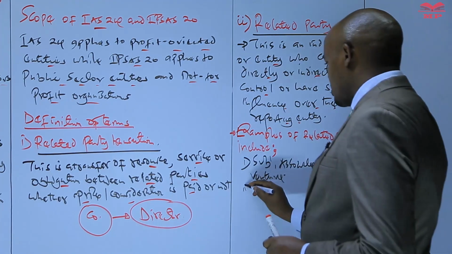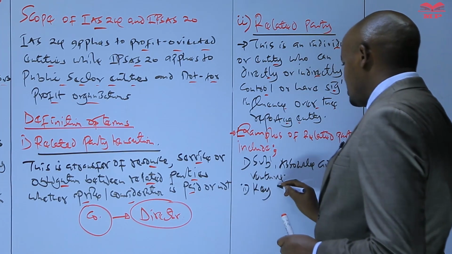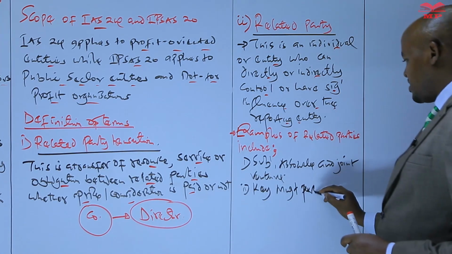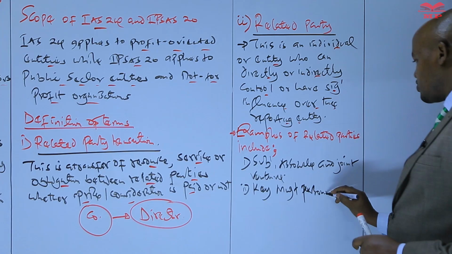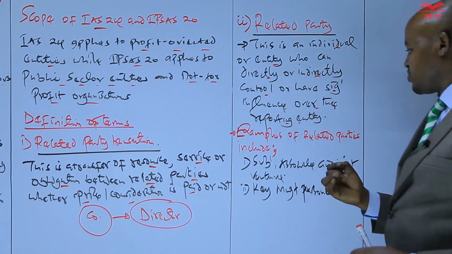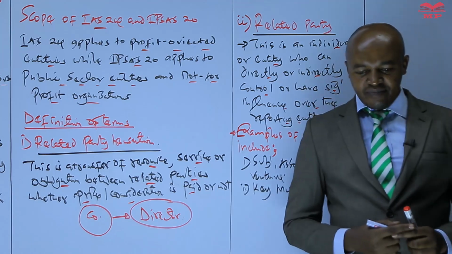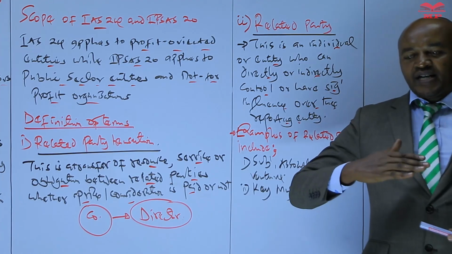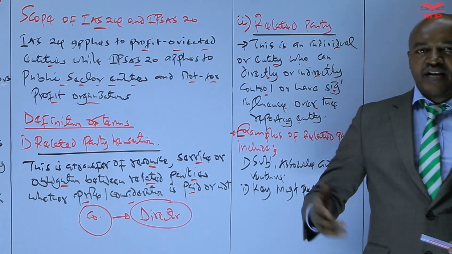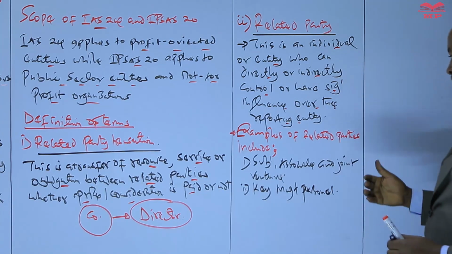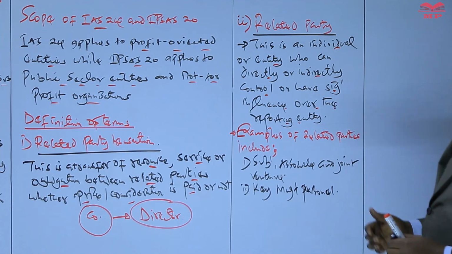Number two, we also have the key management personnel. Those are the people involved in managing the affairs of the company, including their close family members.